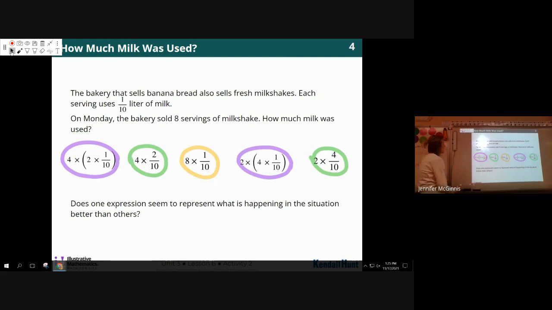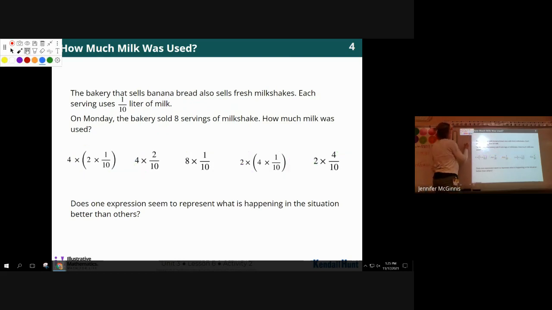Yes. Yeah. Hey, so let me talk to you about this for a second. Has anybody seen these before on Freckle maybe? Yeah? What are these called? Who knows? Quotation marks. Nope. Anybody know? Parentheses. Very good. Whenever you see parentheses, you do what's in the parentheses first.